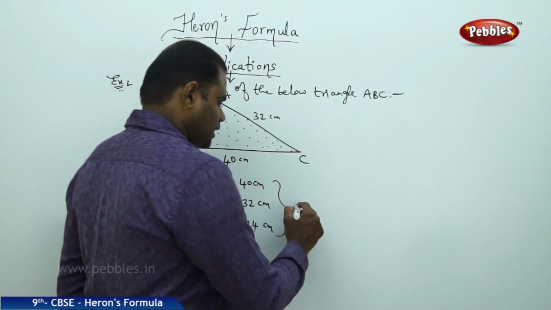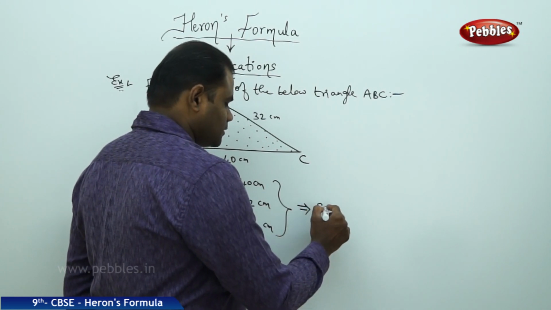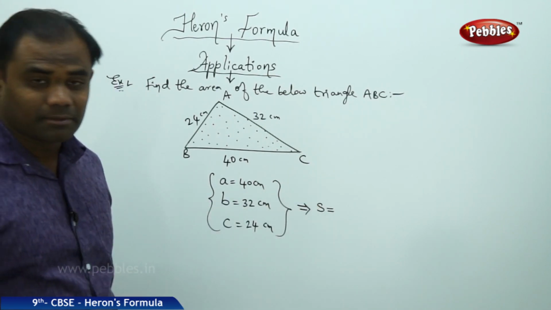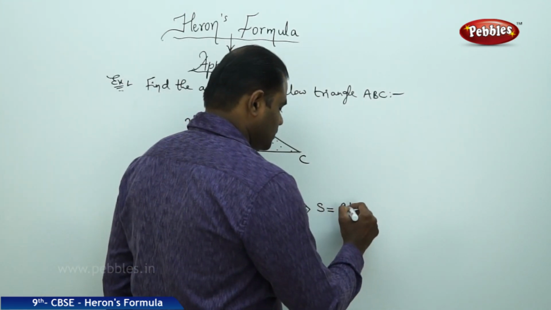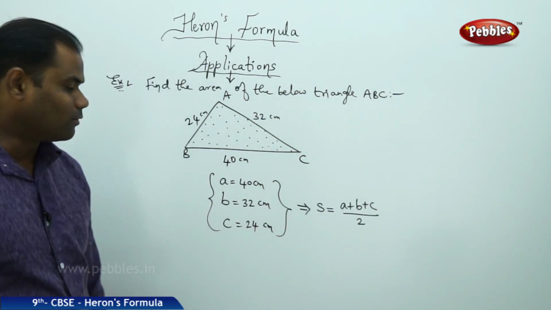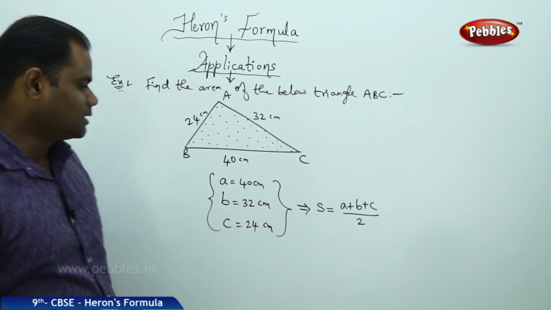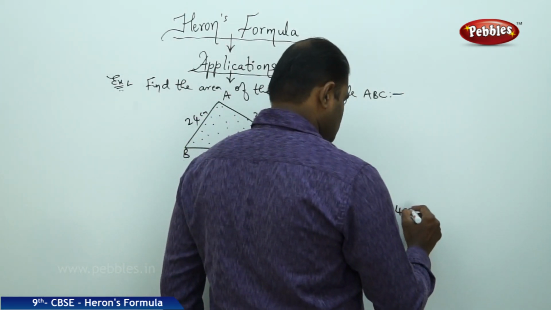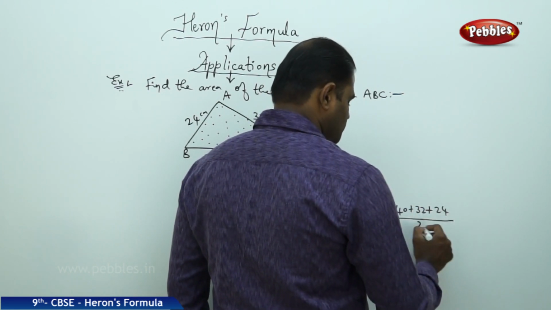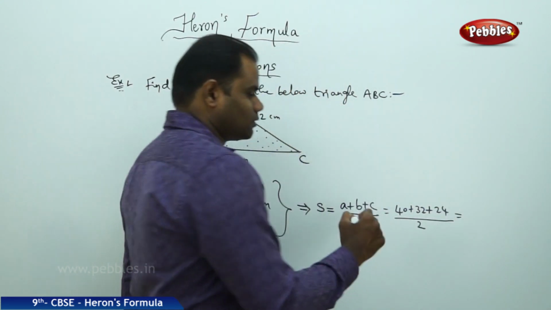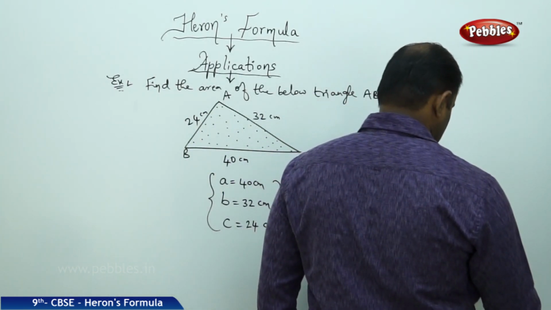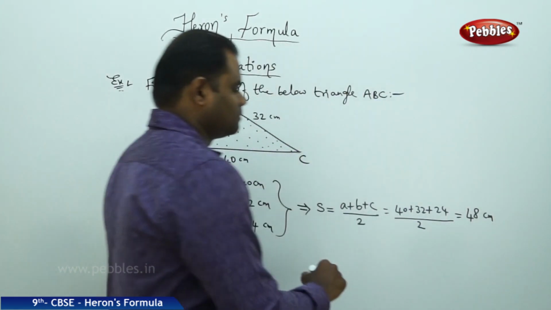That implies when I have all the three sides, I can find the semi-perimeter S. So semi-perimeter S is given by the formula (A plus B plus C) by 2. Therefore, I have A plus B plus C, that is 40 plus 32 plus 24 by 2, which on further simplification gives us 48 centimeter.